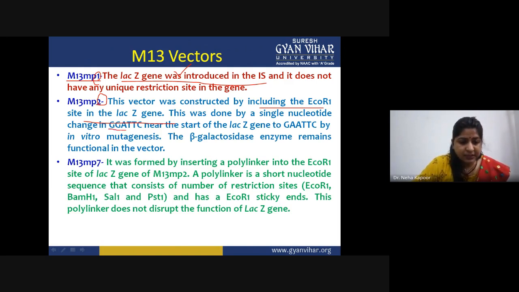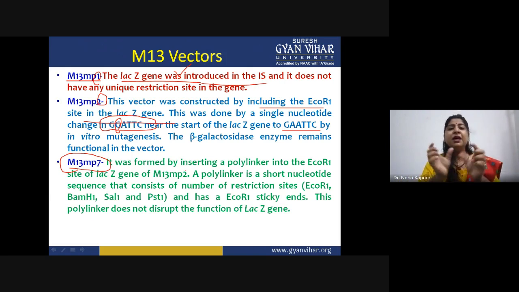As you can see, in this case, this guanine was changed to adenine, so that it can form the EcoRI recognition site. Then a further improved vector was M13 MP7, which was formed by inserting a polylinker. A polylinker means a region of DNA containing a large number of restriction sites for different restriction enzymes, into the EcoRI site of the lacZ gene.